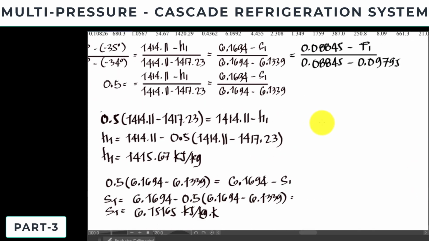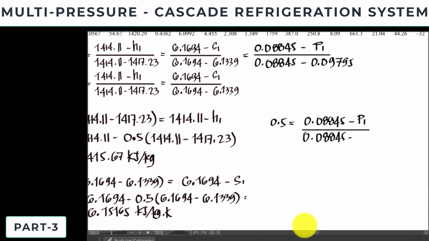So from here, let's rewrite it. This is equal to 0.08845 minus my p sub 1, all over 0.08845 minus 0.09795.